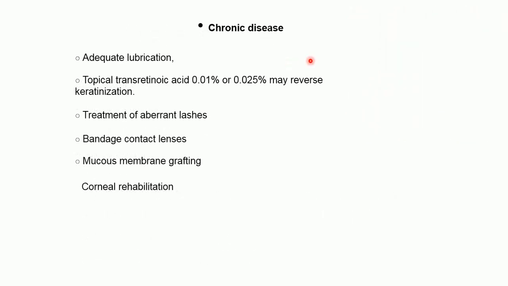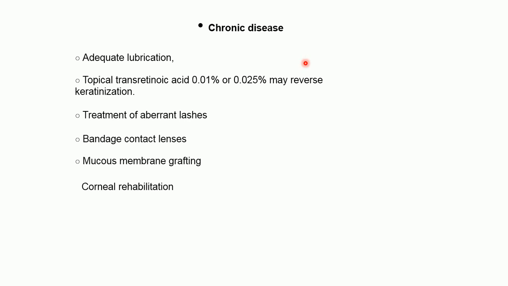Now chronic disease. In chronic disease: adequate lubrication, punctal occlusion, topical trans-retinoic acid 0.01 to 0.025% to reverse keratinization, treatment of aberrant lashes, bandage contact lens, and gas permeable scleral lenses to maintain surface moisture, protect the cornea from aberrant lashes, and arrest irregular astigmatism.